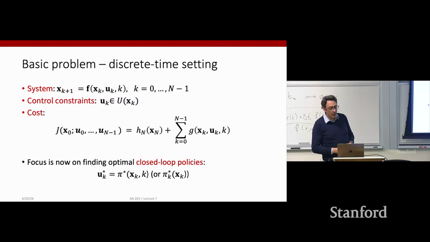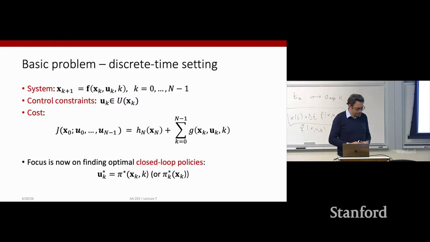All right. So now the question is, how do we find an algorithm to find such an optimal closed-loop policy? And the key to cracking the problem is to recognize that this problem does have structure. And the structure in this problem can be used to derive a fairly efficient algorithm referred to as dynamic programming.